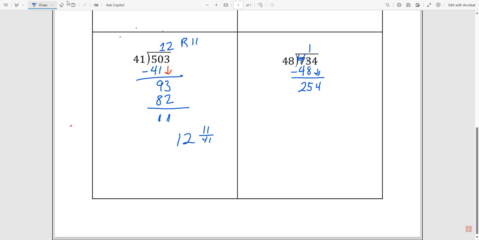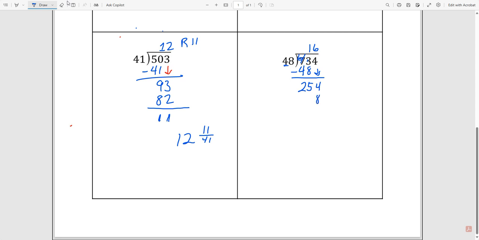and repeat the process again, because 48 divided into 254. Now here's an example. Let's take the 4. 4 can't divide into 2, but 4 can divide into 25 6 times. And if you're working these, now you can multiply 6 times 8 is 48.